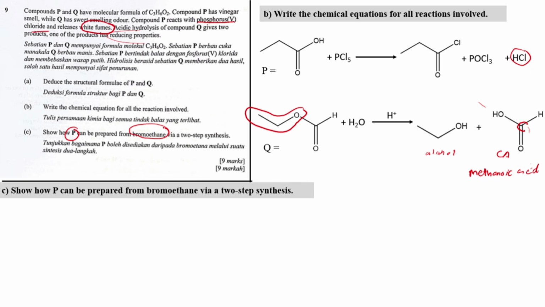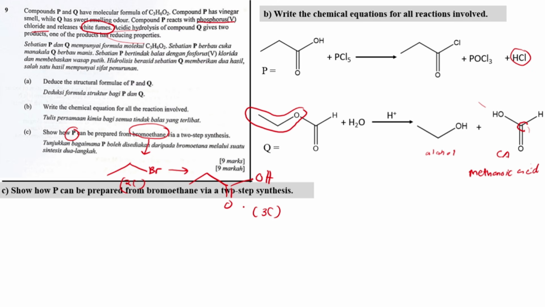So as usual, you need to start with the drawing of bromoethane. So ethane will have 1 and 2 carbon, and then it's going to have Br here. So from Br here, you need to produce like this. From 2 carbon, you're going to produce 3 carbon.